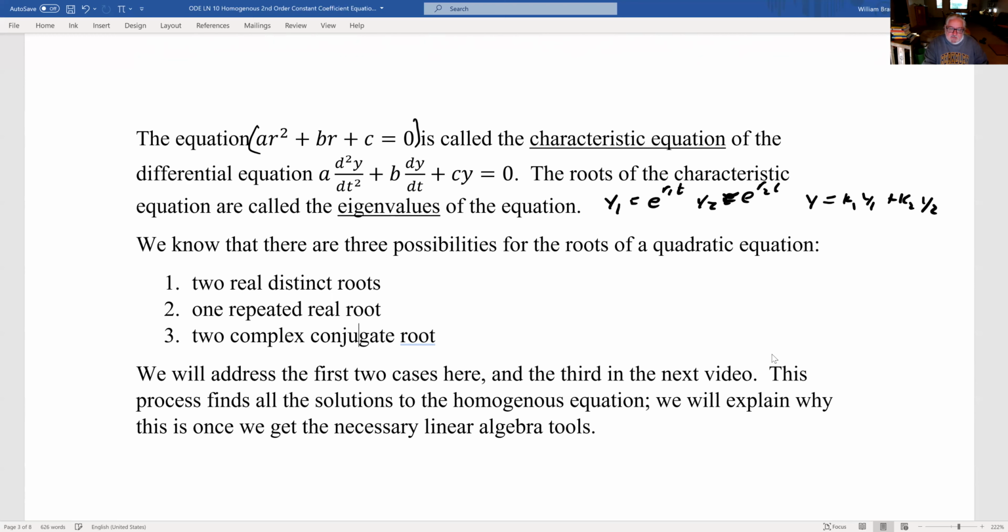If you have a repeated root, then y1 equals e to the rt, y2 equals t e to the rt, and the general solution is, as always, this. Now, one question is, what happens when you have complex roots?